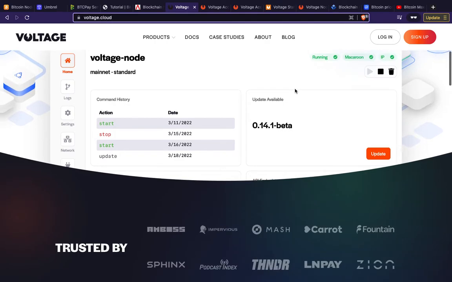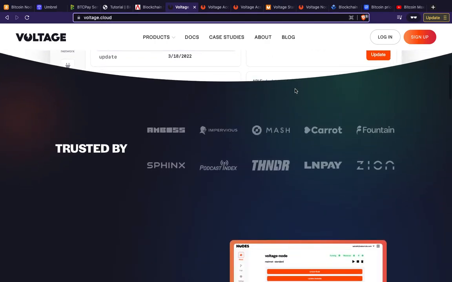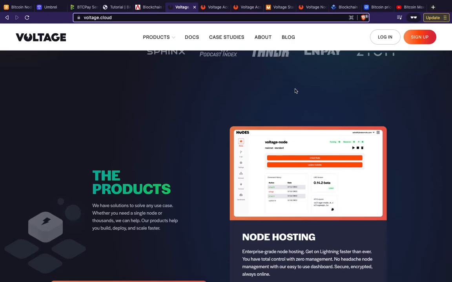They have all those nodes stored somewhere, and you basically just pay them a monthly fee. I think it's about 5 cents a day.